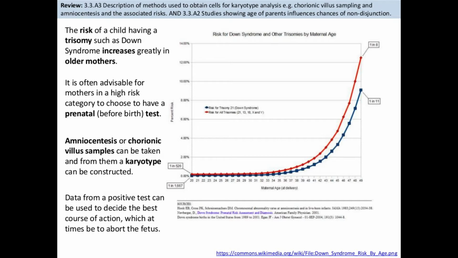But from ages 30 and above, it starts to rise exponentially. We can determine if a child has Down syndrome before they are born through amniocentesis or chorionic villus sampling.